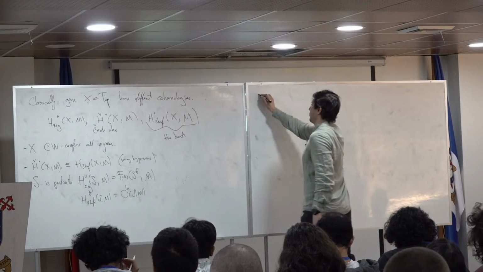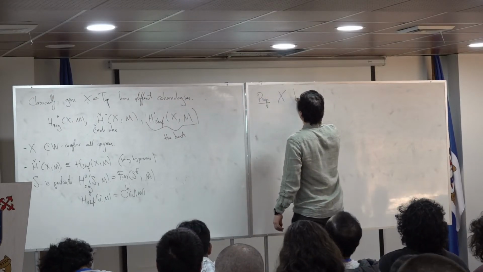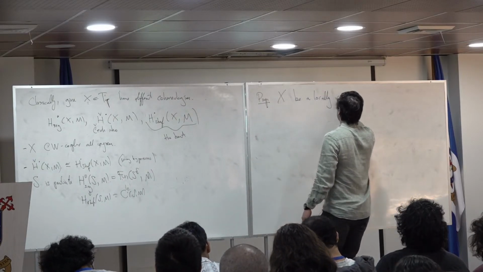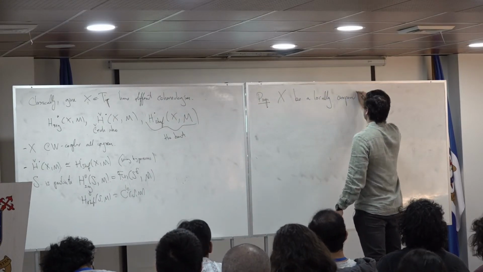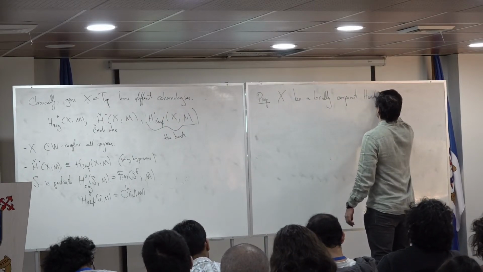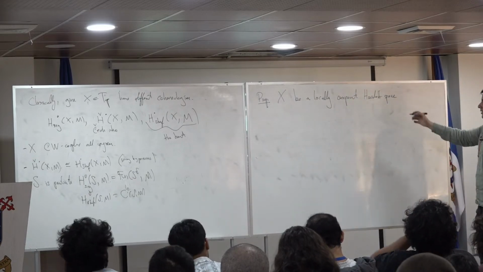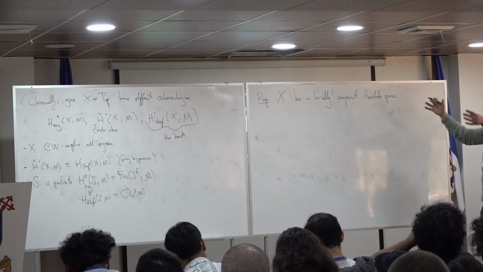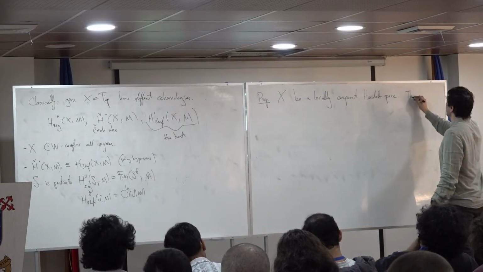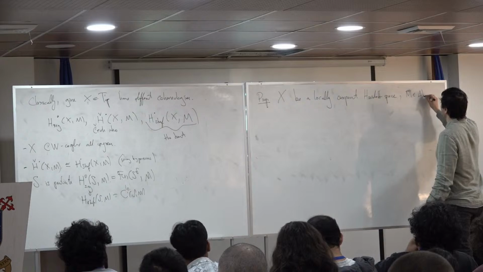So there is the proposition: let X be a locally compact Hausdorff space, so a space that has open neighborhoods that also compare with compact neighborhoods, and M some discrete abelian group.